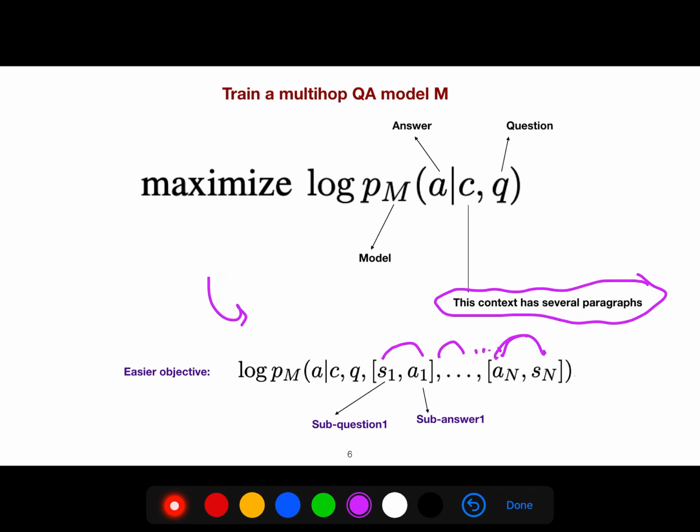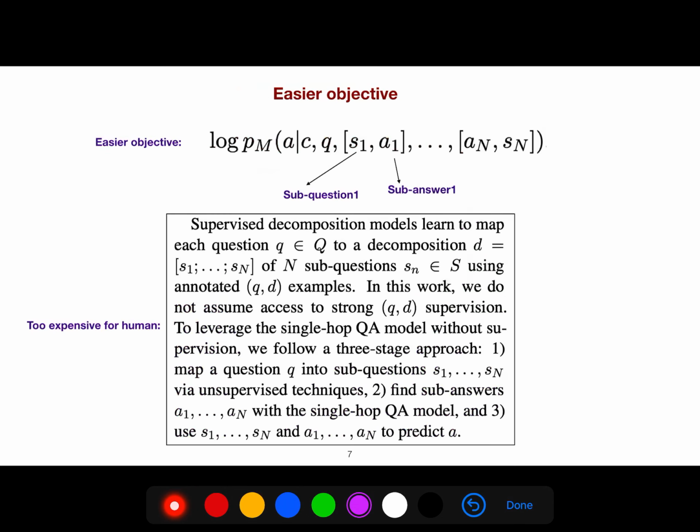Because each sub-question has a sub-answer, this is the easier objective. Supervised decomposition needs to know the pair, what the decomposition is for any question, so it's too expensive for humans.